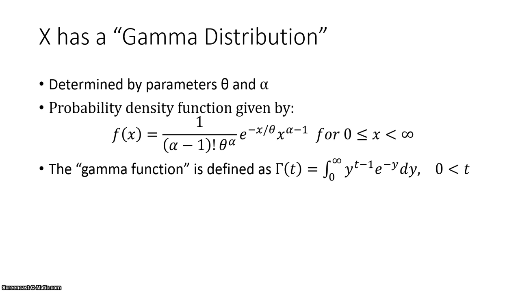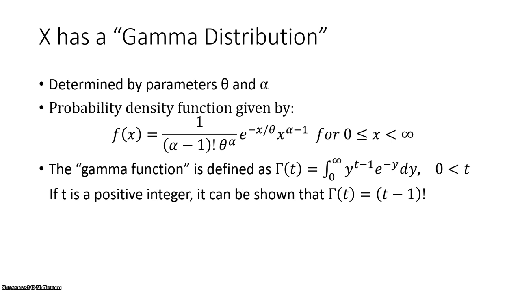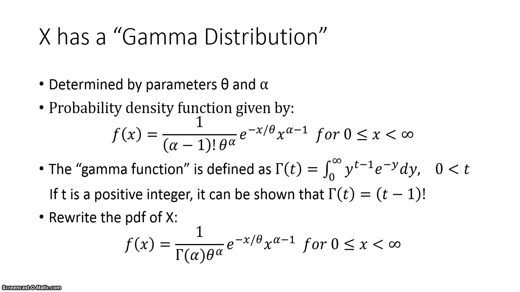Now there's a special function called the gamma function. It is defined as gamma of t is equal to the integral from 0 to infinity of y to the t minus 1 times e to the minus y dy for t that are greater than 0. And if t happens to be a positive integer, it can be shown that gamma of t is equal to t minus 1 factorial. So often that alpha minus 1 factorial is replaced in the gamma distribution by gamma of alpha.